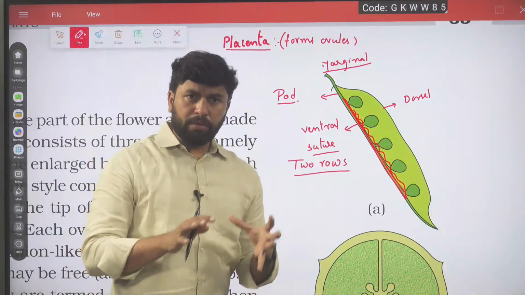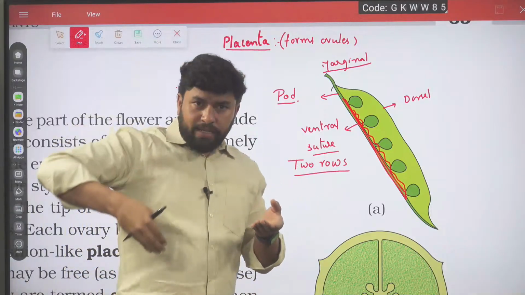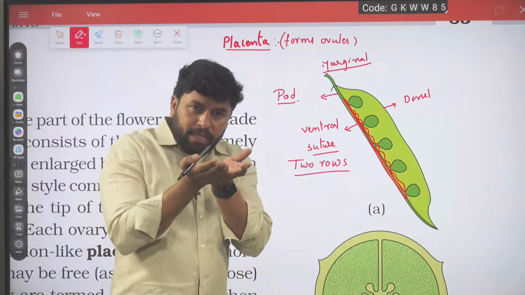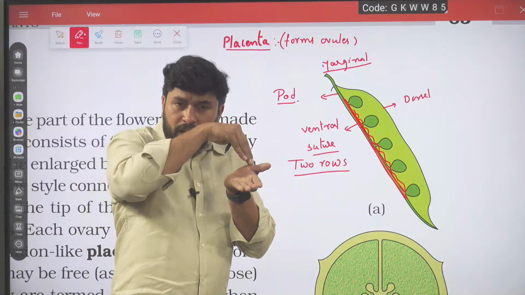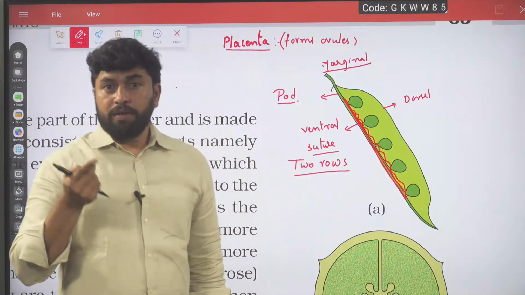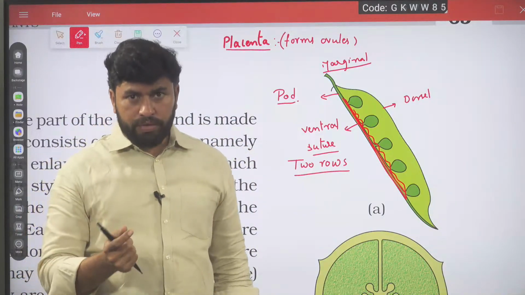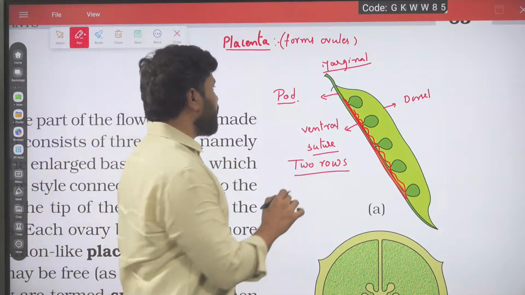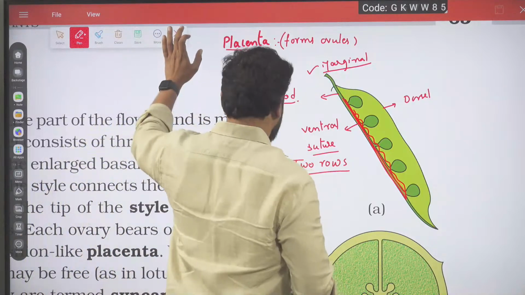On the one-chambered ovary, the placenta is on the ventral side. Wherever there is a suture, alongside that suture there will be development of seeds or ovules. These ovules always develop in two rows. This phenomenon is called marginal placentation.